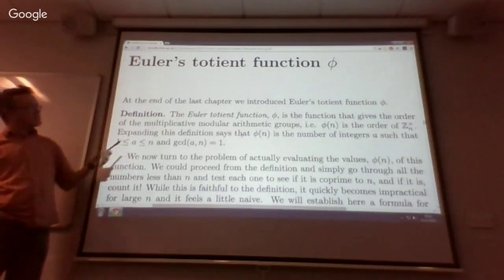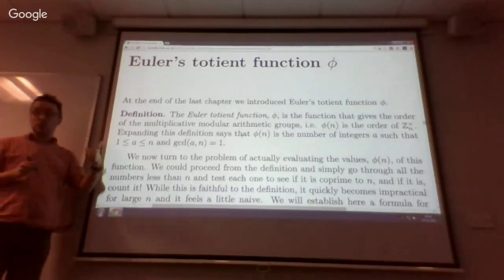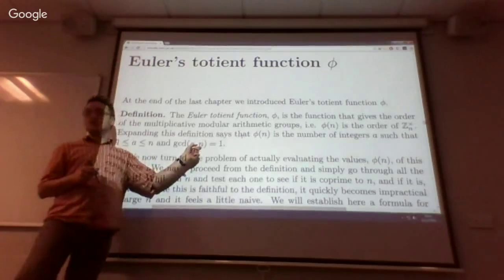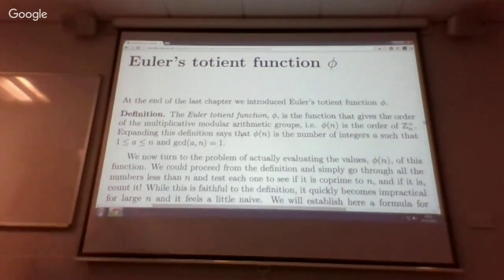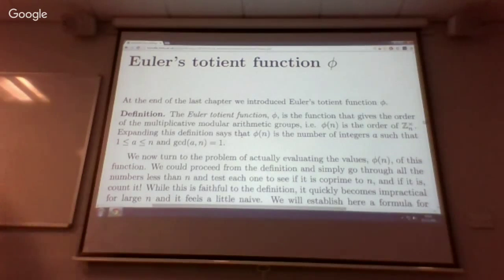Well, you've got n equals 2, so the number of integers between 1 and 2. So there's only 2 to choose from, 1 and 2. But you have to be co-prime to 2. 1 is co-prime to 2, yeah. 1 is co-prime to everything. Everything has the greatest common divisor of 1 when it's paired with 1. But is 2 co-prime to 2? No. The greatest common divisor of 2 with itself is 2. So there's only one thing that qualifies. So that's why phi of 2 is equal to 1.